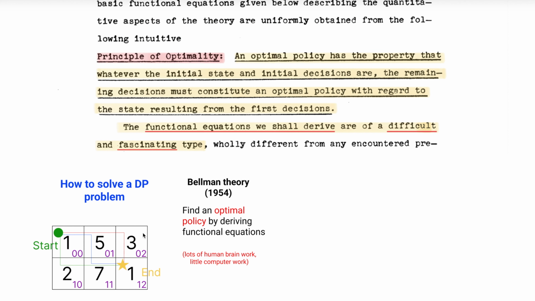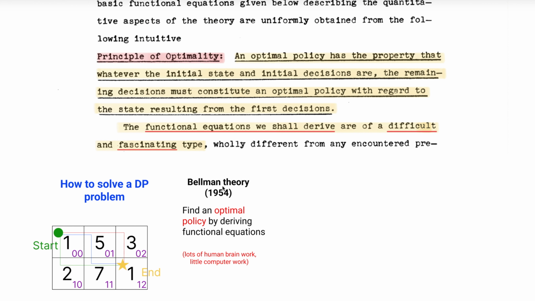And then with that mathematical information, with Bellman's theory, to find the optimal policy, one will derive those functions to get some equations that are going to represent the optimal policy, which is our blue line here. And that is a lot of human brain work. Sometimes we can derive these equations, sometimes we cannot.